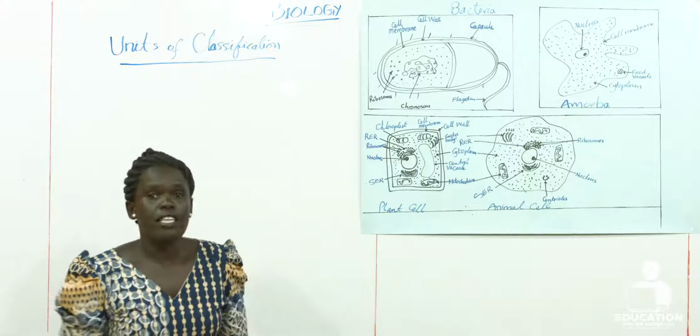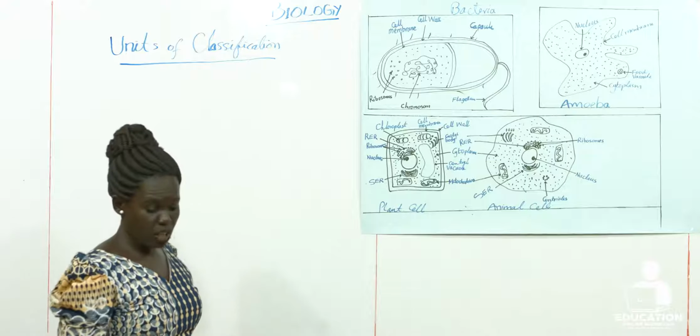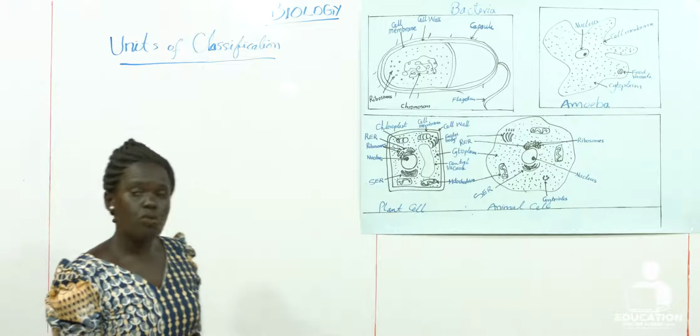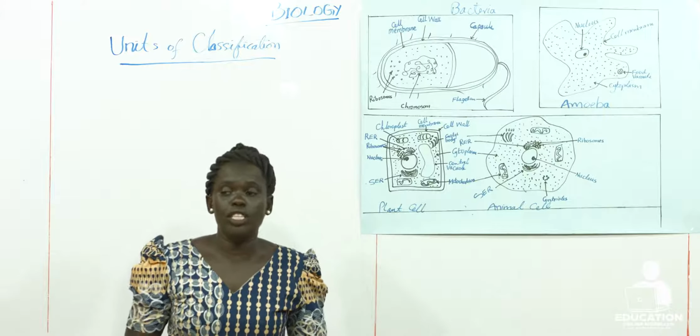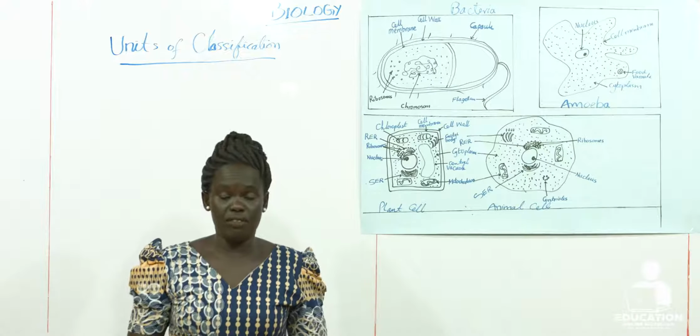So let us start with the definition of units of classification. Last time we talked about classification, we defined it. Today we are talking about the units of classification. What do we mean by unit of classification?